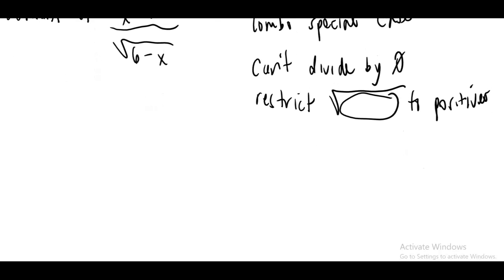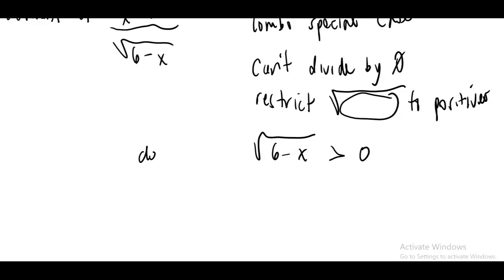So our domain needs to account for this: we want the square root of 6 minus x to be positive, so we want it to be greater than 0, and we don't include the equal to bar because we do not want it to equal 0. So this is how we'll find the domain.